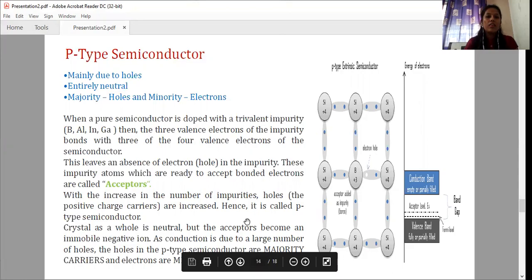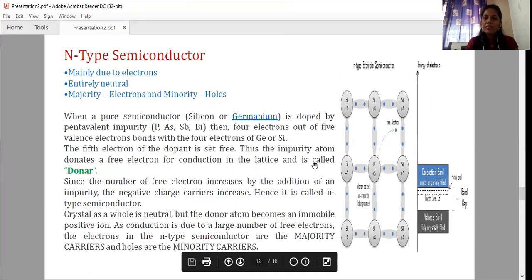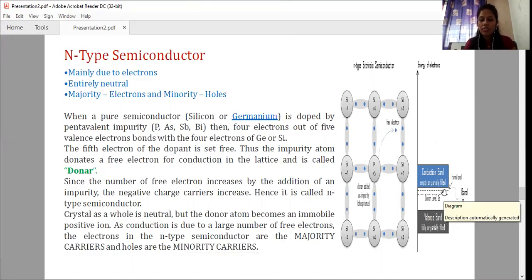In this, the majority carriers are holes and the minority carriers are electrons. In this energy diagram, we see that the acceptor level is nearest to the valence band. And in the n-type semiconductor, the donor level is nearest to the conduction band.